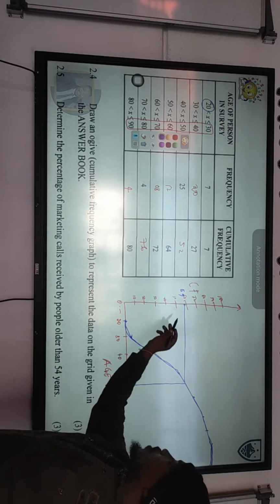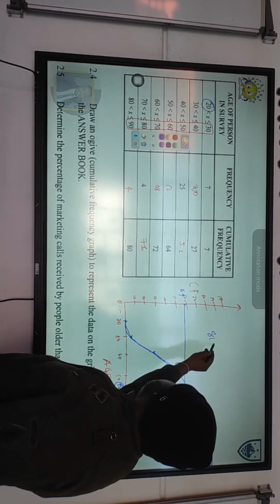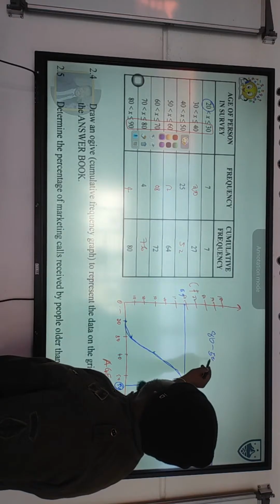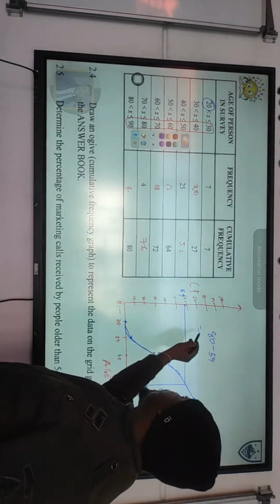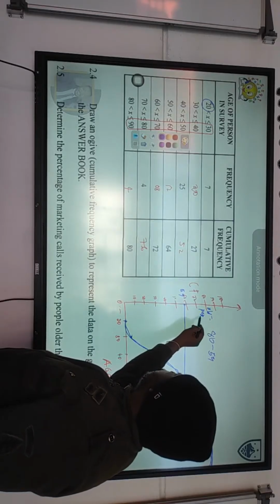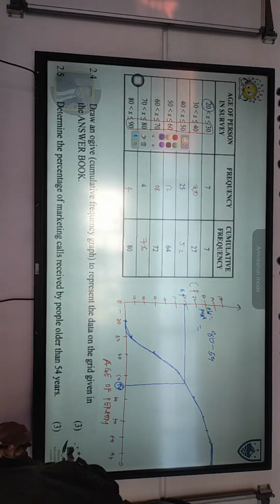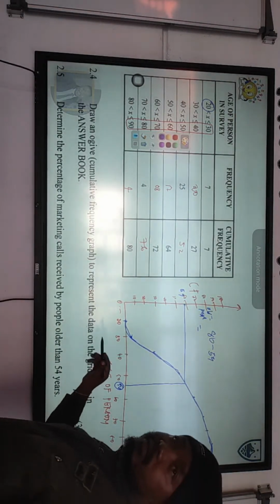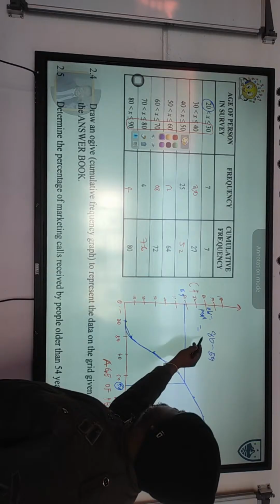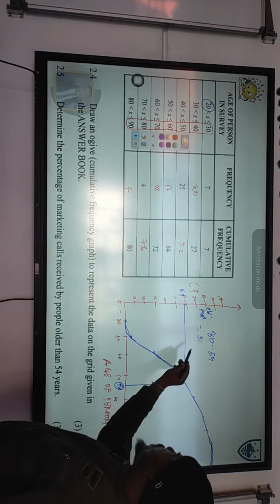Remember, you're looking for people from here to there, older. So whatever you get here, let's say I get 59. You'll say the total amount was 80, minus 59, and that will give you the number of older people that are there. So 80 minus 59 is how much? 21.